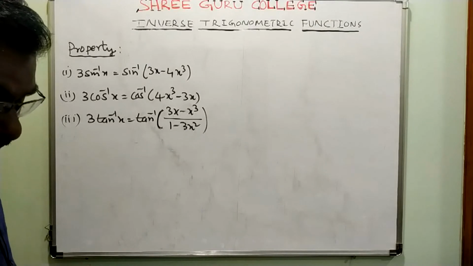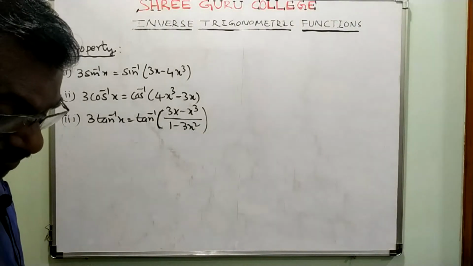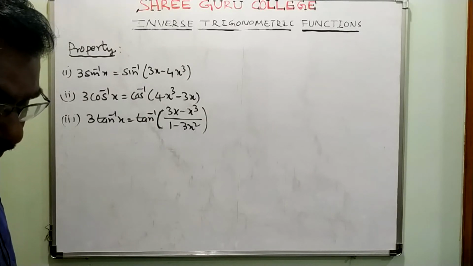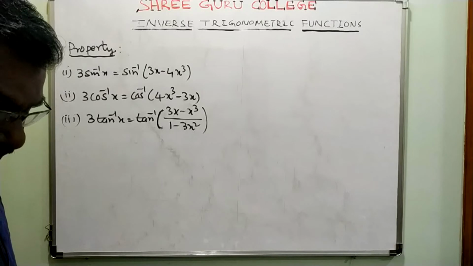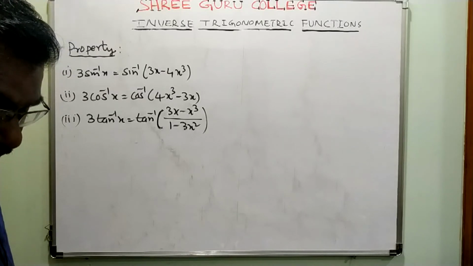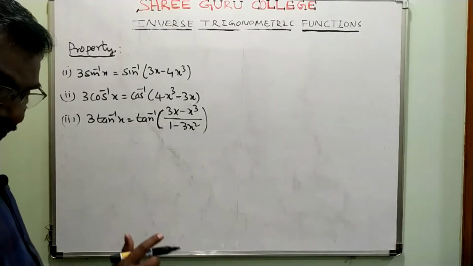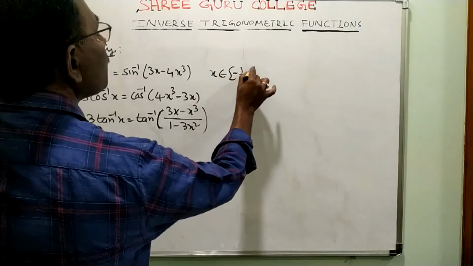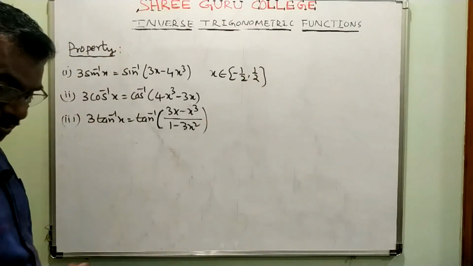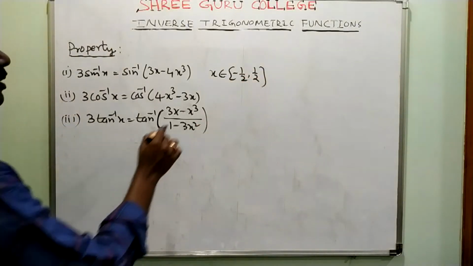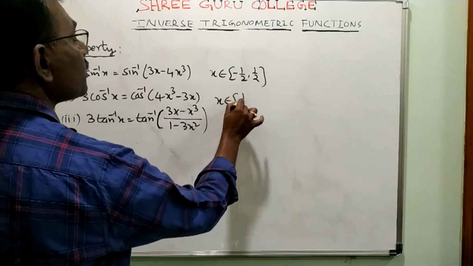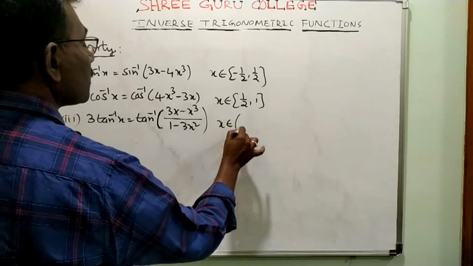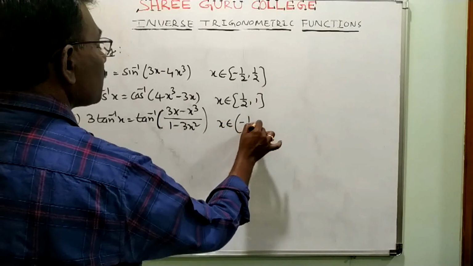Okay? So, conditions: x between minus 1 by 2 to plus 1 by 2, for cos 1 by 2 to 1, and for tan minus 1 by root 3 to plus 1 by root 3.